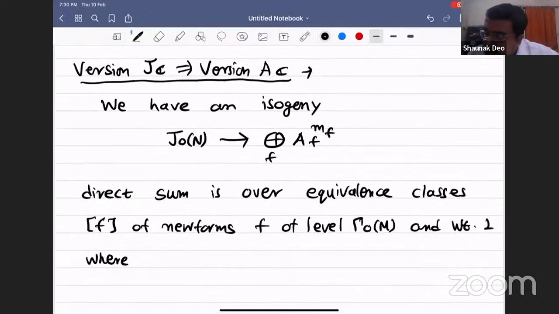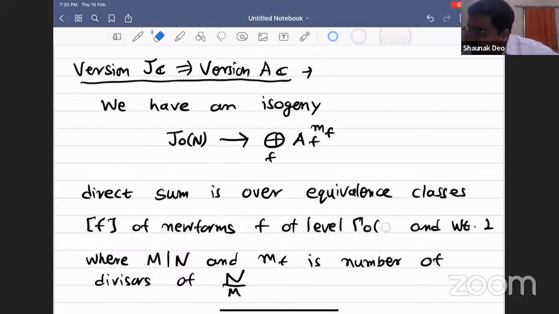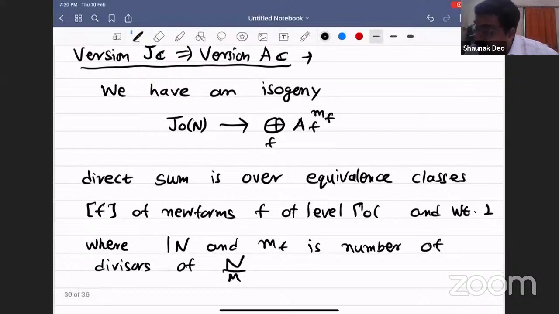divides N. And this MF is the number of divisors of n over m. Maybe I should write an f somewhere so that it makes sense that everything is depending on f.